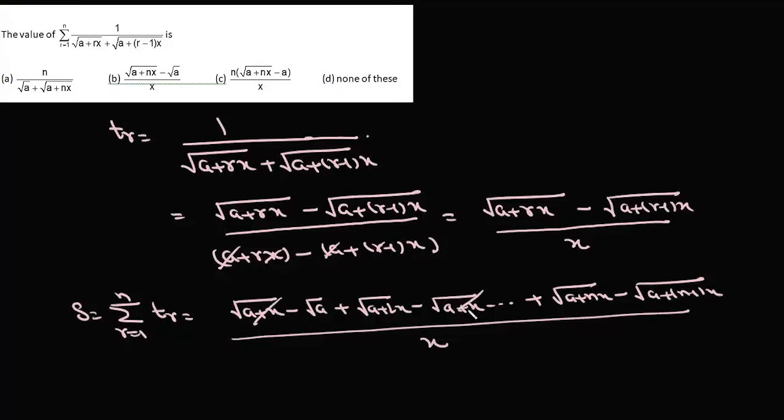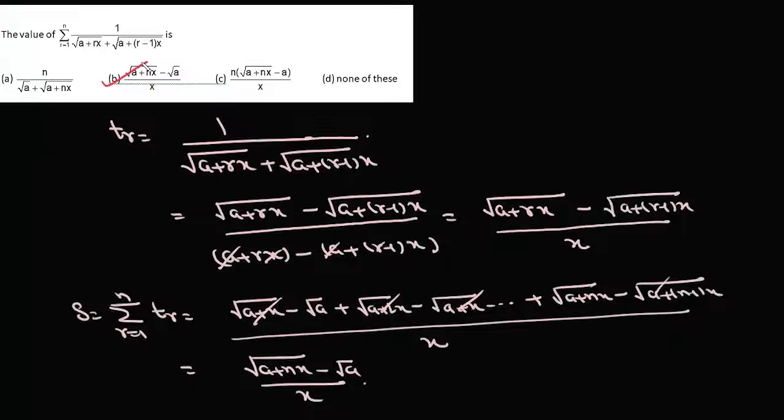Now all these successive terms will cancel. So we'll have this sum as under root of a plus nx minus under root of a whole divided by x. So the correct option is option B.